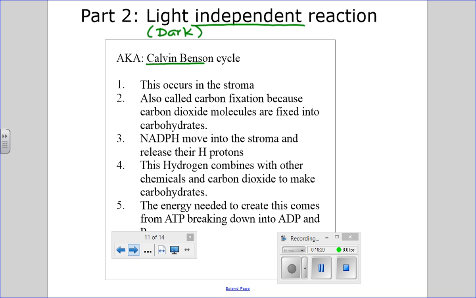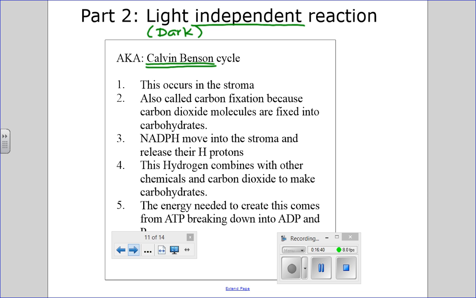The name that's often associated with this is the Calvin-Benson cycle. So again, I remind you, if you ever invent something or discover something, name it after yourself. People will have to call it that for all of eternity. So we could call this the Calvin-Benson cycle as well.